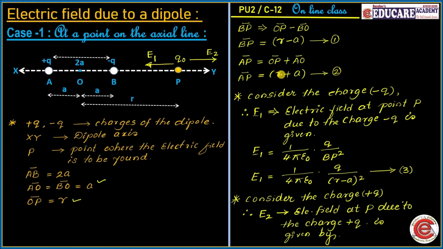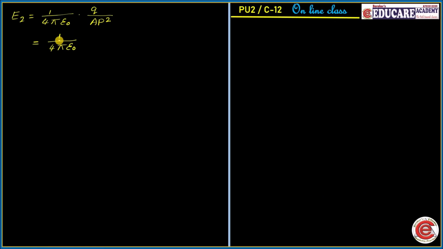From equation 2, we know that AP is R plus A. Hence the equation becomes 1 divided by 4 pi epsilon naught into Q divided by (R plus A) whole square. This is the electric field at point P due to the positive charge. Call this result 4.